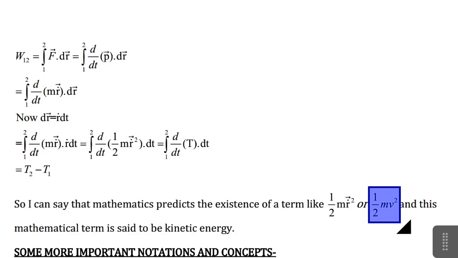Half mv square. Why is it half mv square? It could have been half mv. Why not half mv cube? It cannot be like that. You are not the person who defines kinetic energy. The kinetic energy term is mathematically included in the work done.